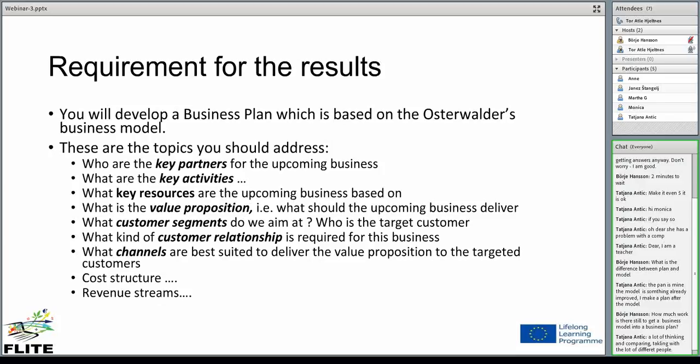What channels are best suited to deliver the value proposition that we have come up with? We will also look at cost structure and revenue streams. So to reach our result, we recommend using the Osterwalder canvas model, and like I said, go to module 2 to learn more about this.